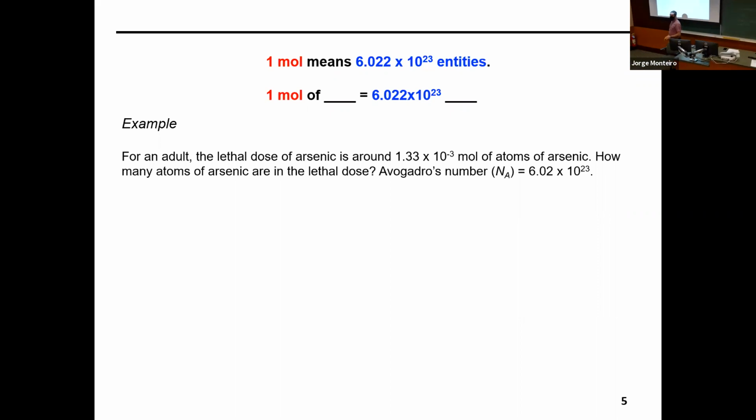Let's write all the units, and then we can figure out the unit for the answer. Once we have this equation, we have to isolate x. Let's send 1 mole to the other side, doing a division. So x equals 6.02 times 10 to the 23rd atoms times 1.33 times 10 to the minus 3 mole, divided by 1 mole.